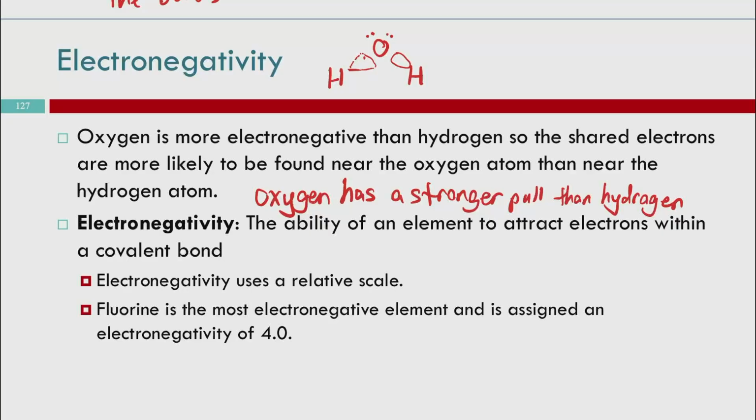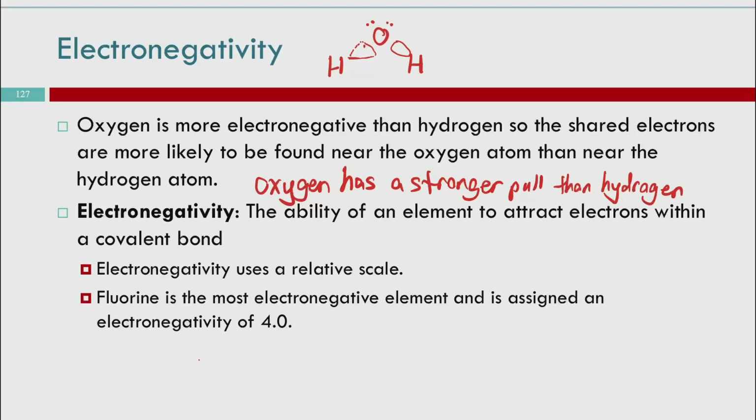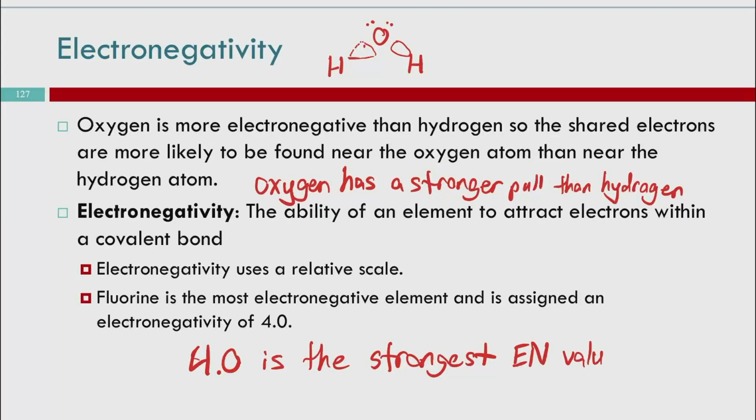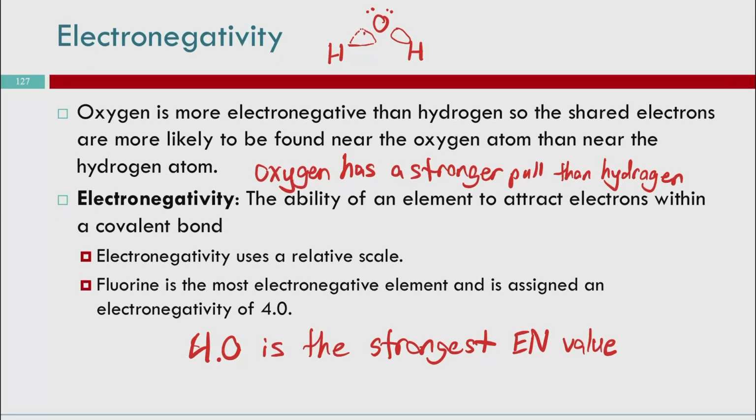And we've got rankings for pretty much all of our elements, all the ones we care about at least. It's a relative scale. It's not an absolute scale. So 4 is the strongest electronegativity value, and that belongs to fluorine.